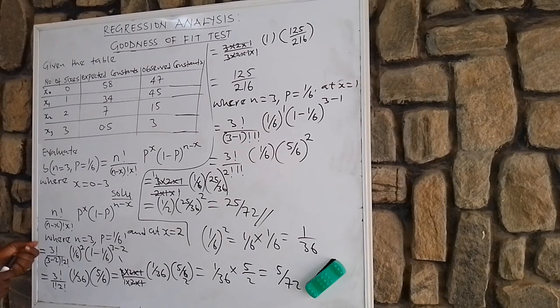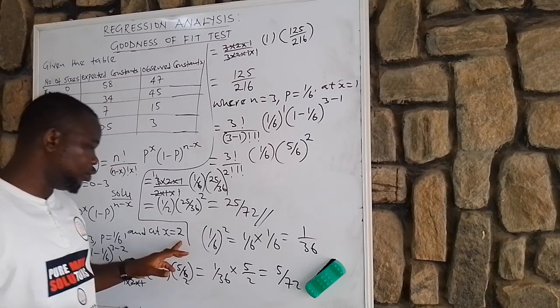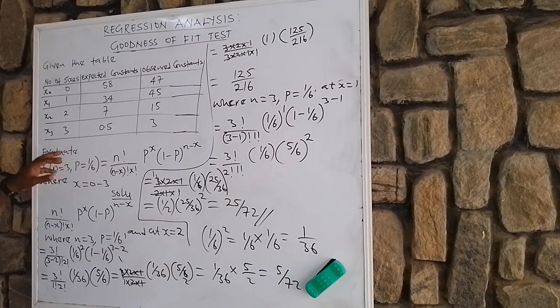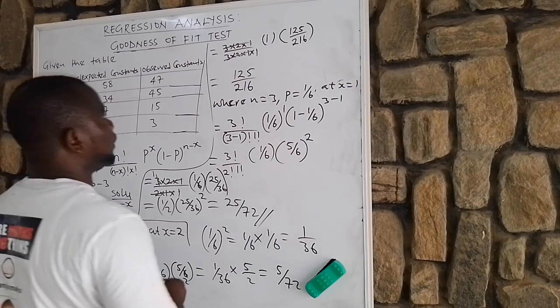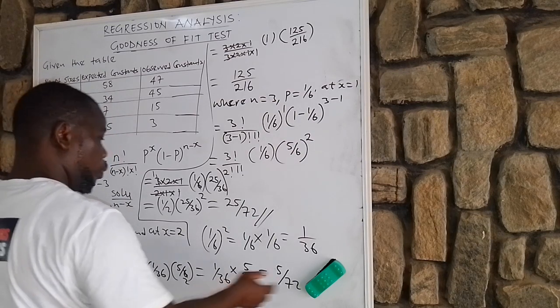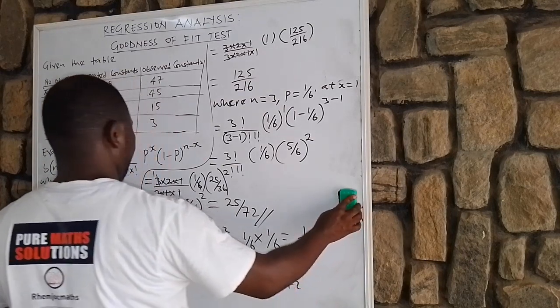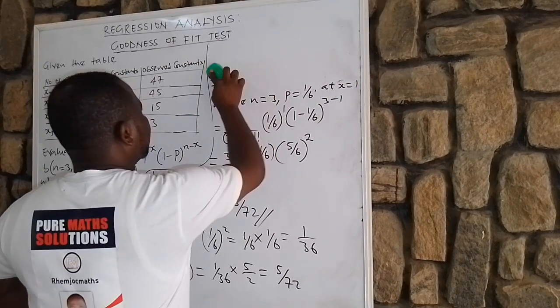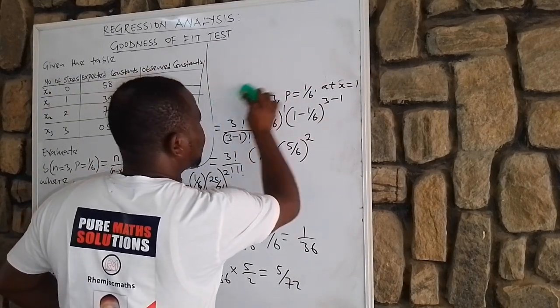This is for x equals to 2. Then the last but not the least, let's consider x equals to 3, which is this. Okay, so can I clean this side? Yeah. So far so good.